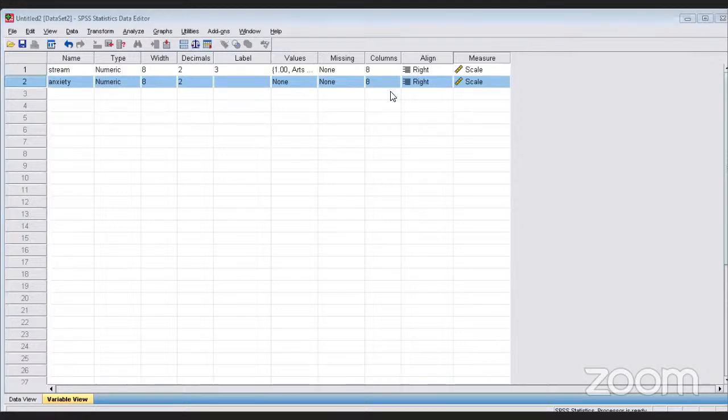Stream is discontinuous because arts, science, and commerce. Can you have anything between arts and science? Matto, your weight is a continuous variable because you can have 50 kg weight, 50.1 kg weight, 50.5 kg weight. It is continuous.